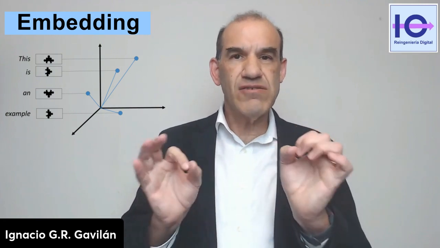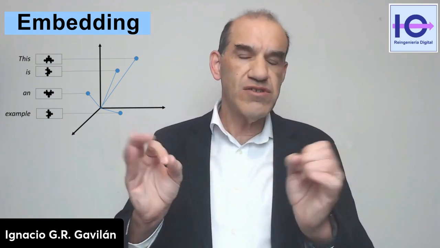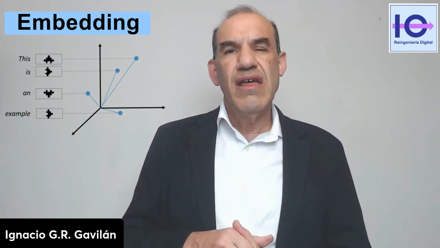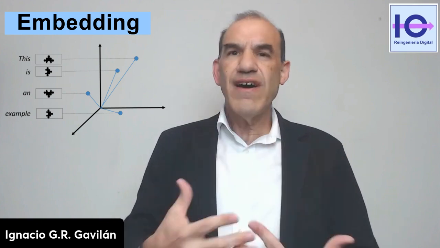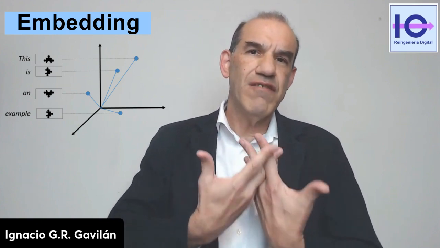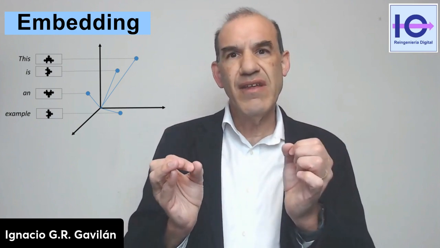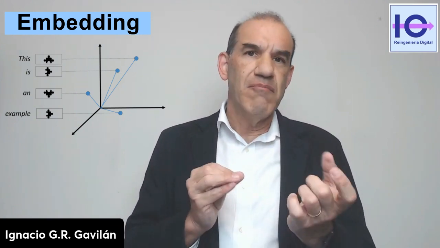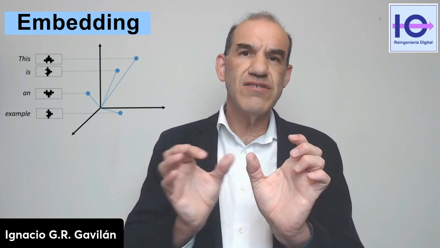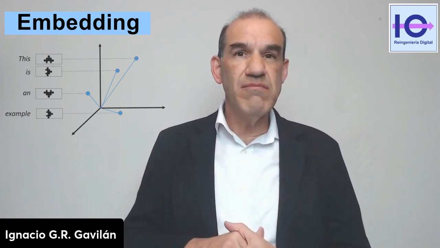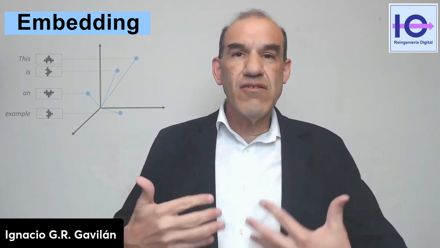If the vectors representing two different words, two different tokens, are close to each other, that fact is giving us some information that those words, let's say, are somehow related. Maybe there's a syntactical relation between them. Maybe they are close in meaning, or just that they are commonly used together.